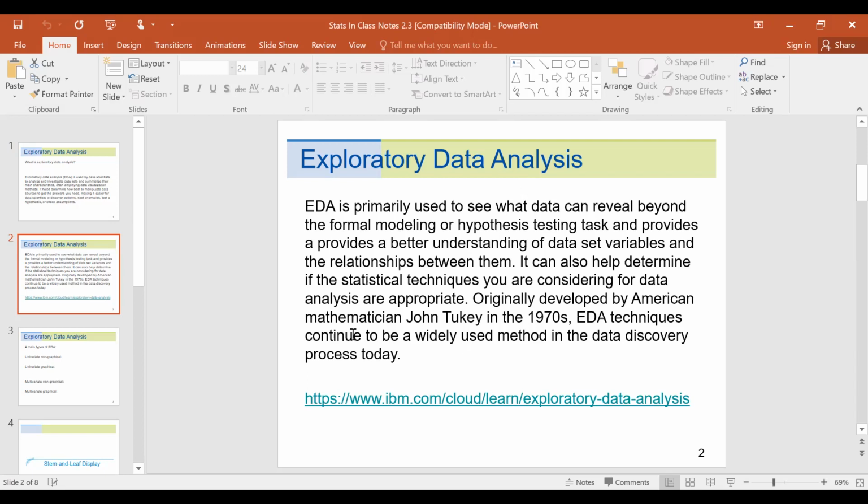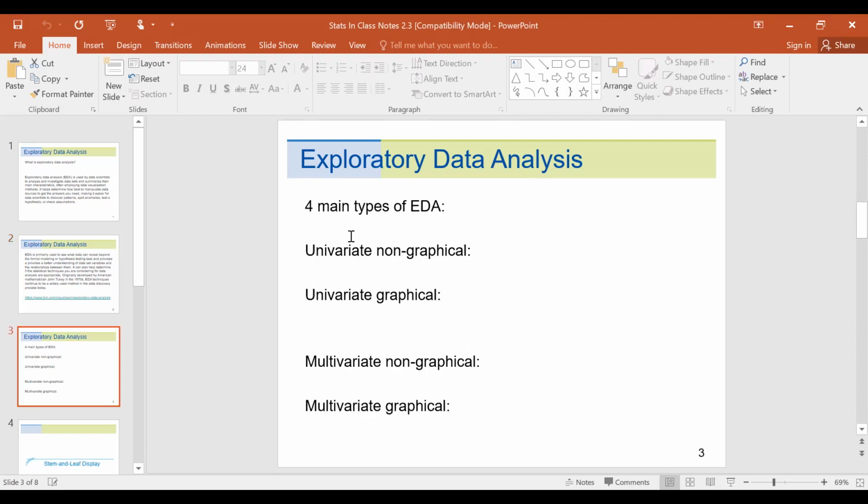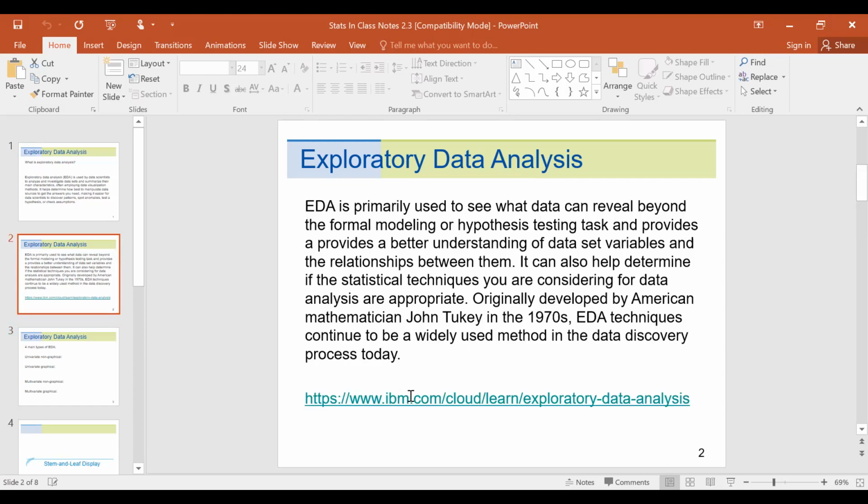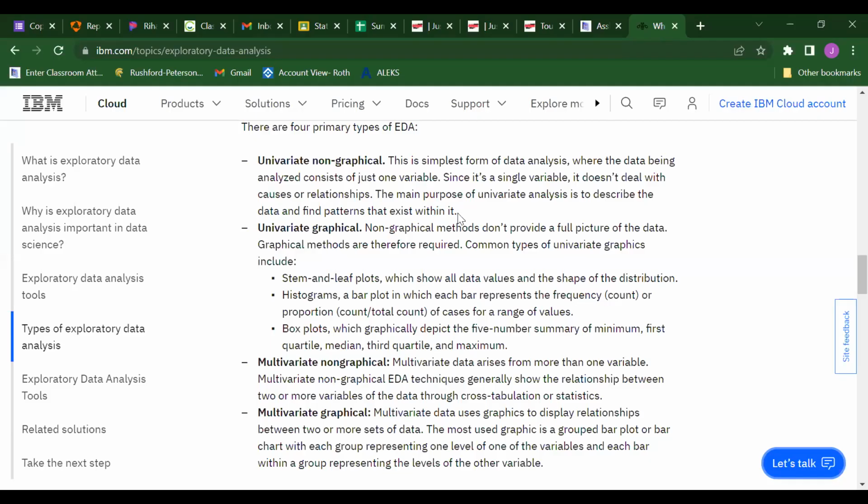Okay, so we're going to look at 4 different types of EDA, and I'm going to refer to this website because it does a pretty good job of outlining each of those. So let's see if I can share this website. Okay, the website, I'm looking at it right here. Hopefully you can see that screen and we can follow along with these different types of data.